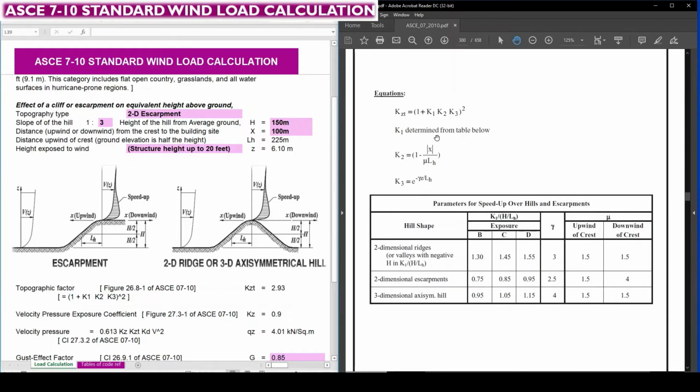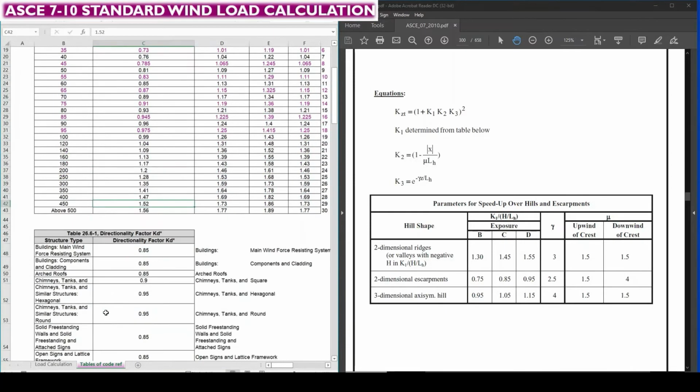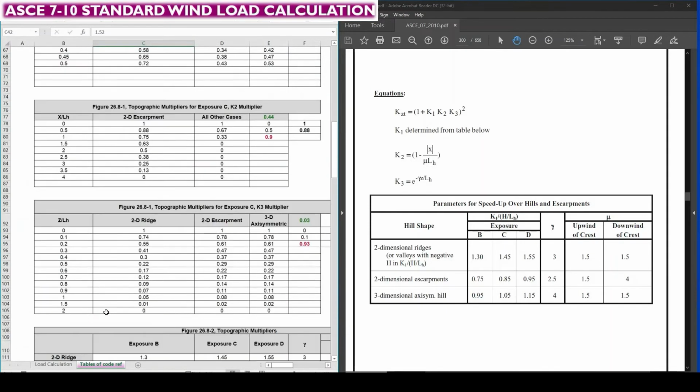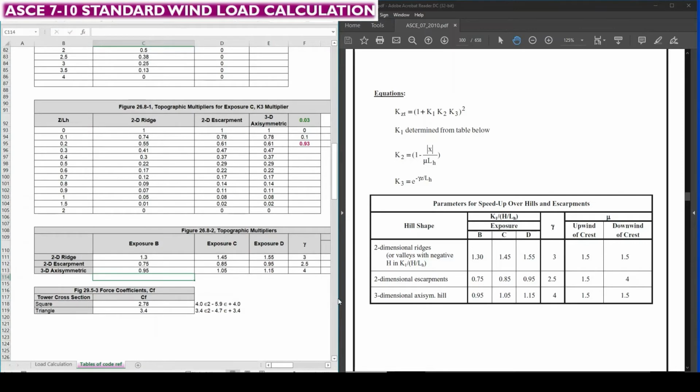K1 is to be determined from the table below based upon the exposure category B, C, D. Here in the right hand side tab of this Excel sheet, you can see that the same was calculated in the backside to support the load calculation sheet.